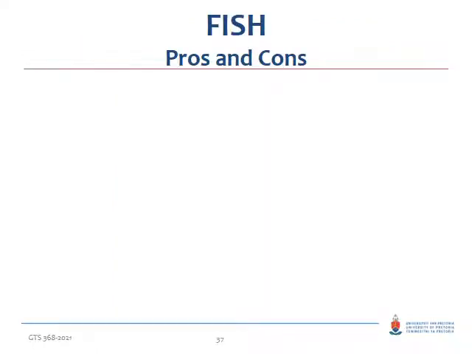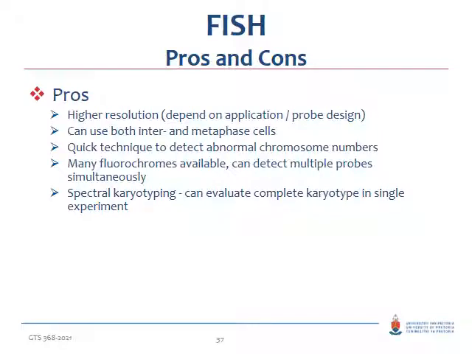Again, each method has pros and cons. So the pros of FISH is that it can be used at higher resolution, and both interphase and metaphase chromosomes can be used. It also detects abnormal number of chromosomes, and it is quite a fast technique.